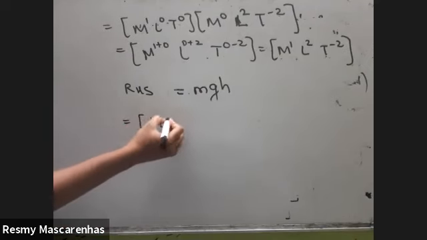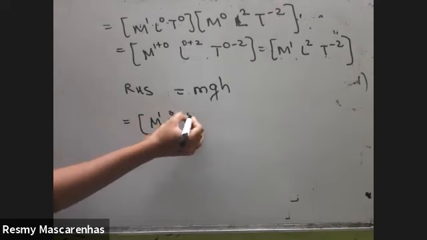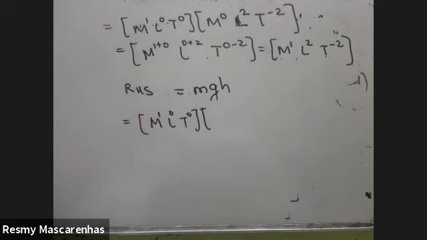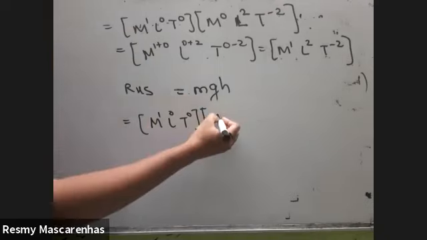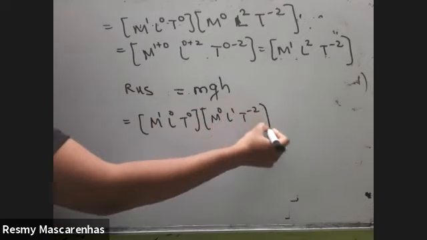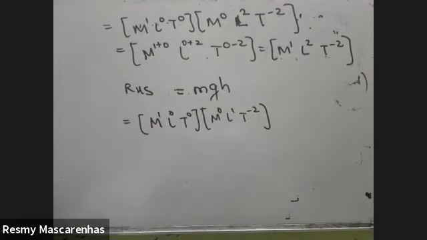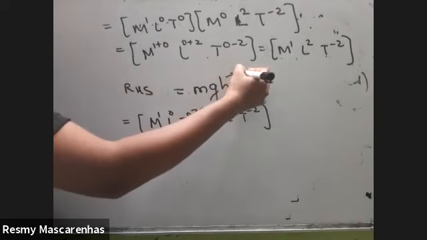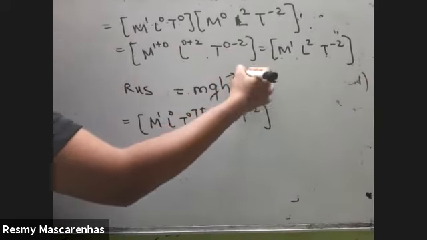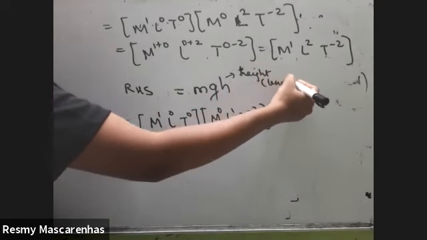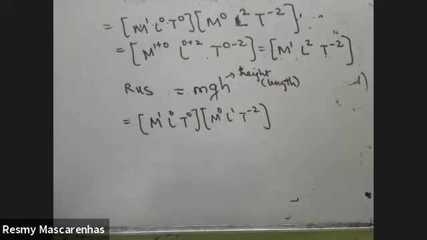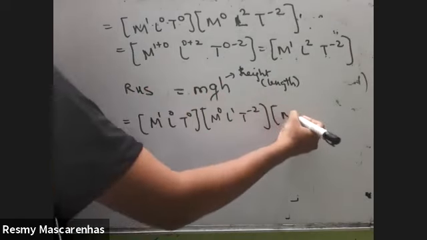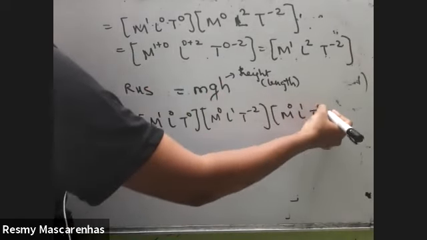Mass is M L T. Acceleration is M0 L1 T minus 2. And height means always length. Height is always measured in terms of length, meaning meters. So you have to put the dimension of length.